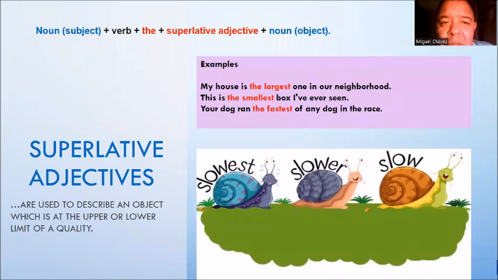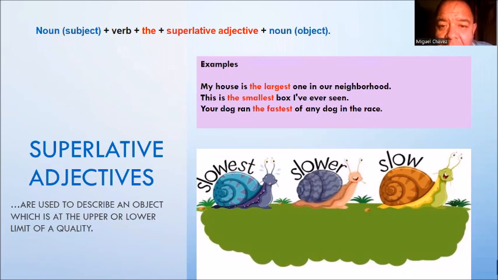But as I told you before, we have another form of the adjective that is called superlative. And for the superlative, we have these examples. My house is the largest one in our neighborhood. This is the smallest box I have ever seen. Your dog ran the fastest of any dog in the race.